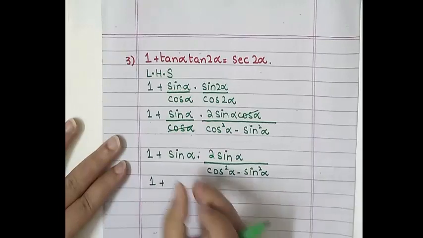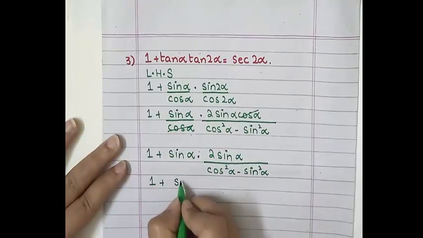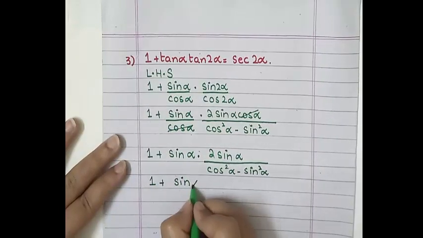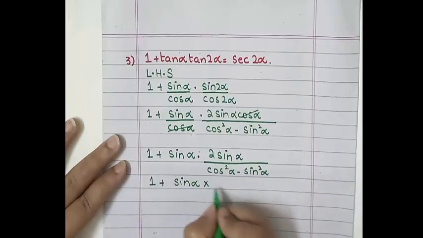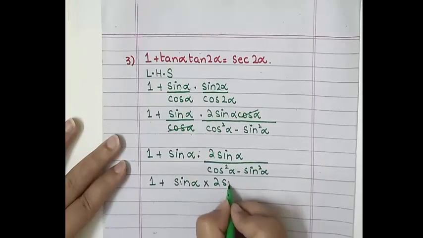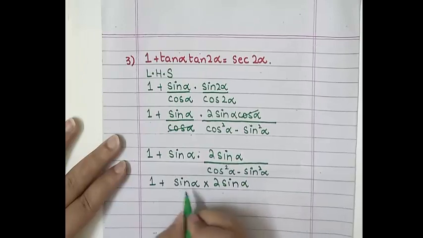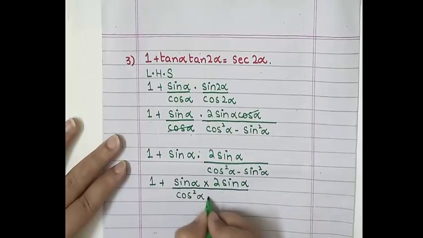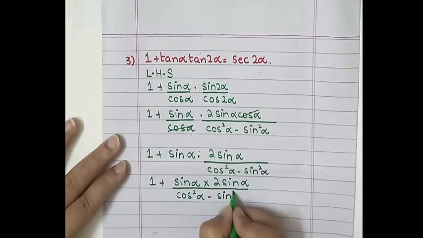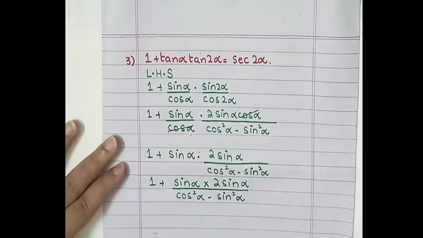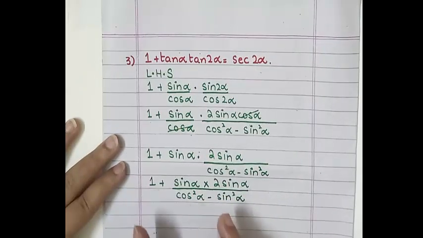Now 1 plus, writing in the form of multiplication, sin alpha multiplied by 2 sin alpha over cos square alpha minus sin square alpha. Now there is a sign of addition between these two terms.